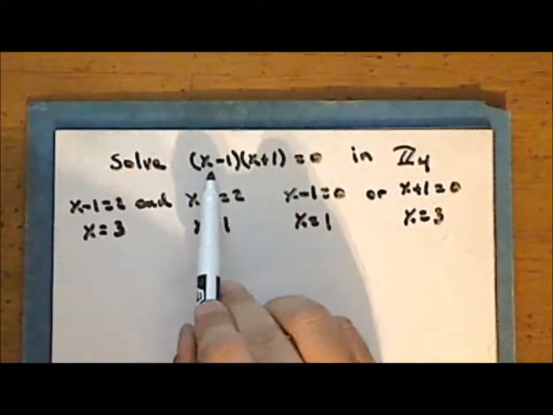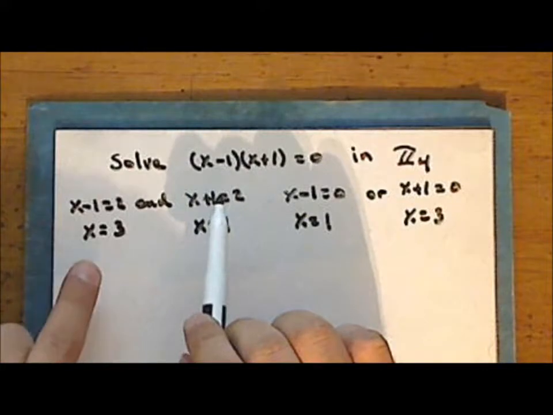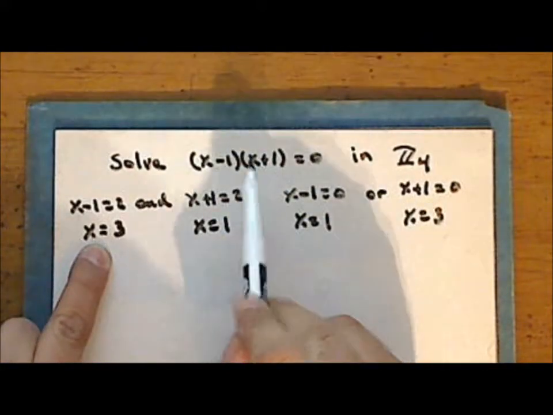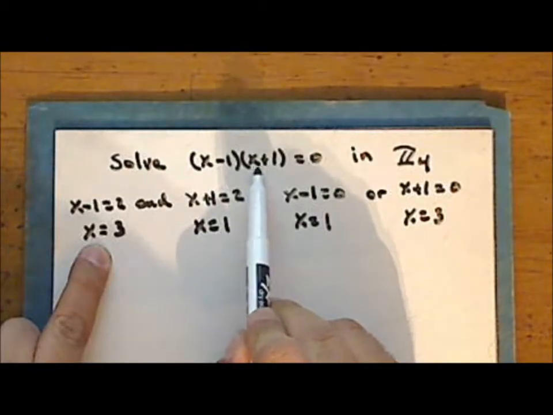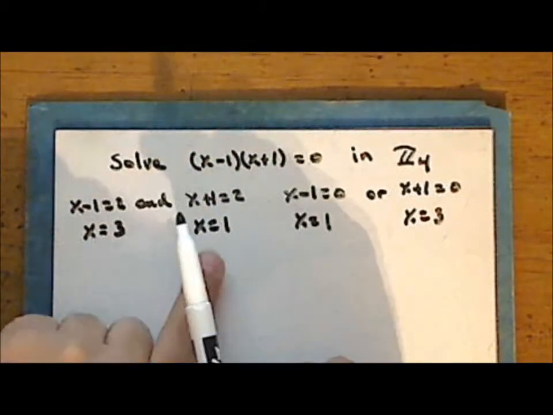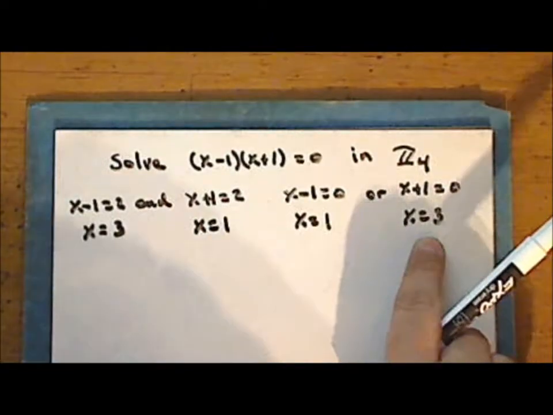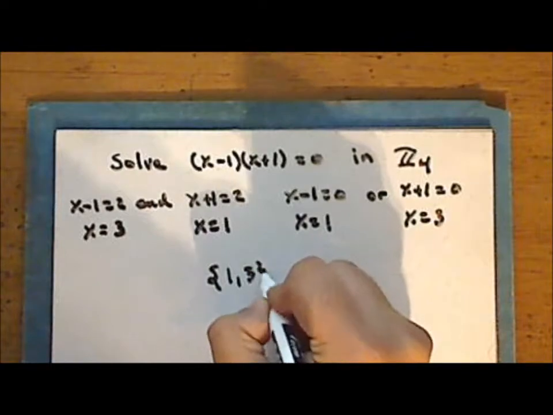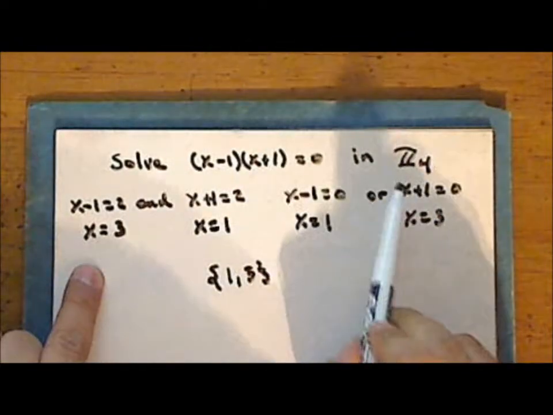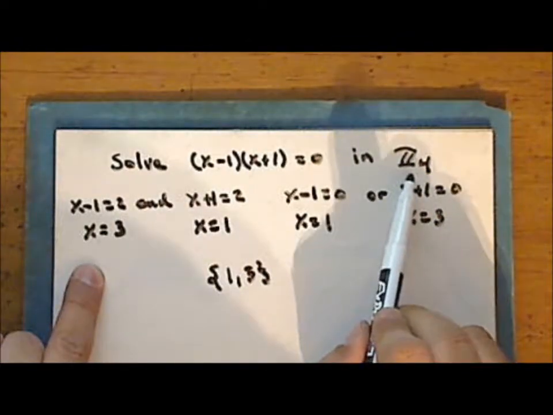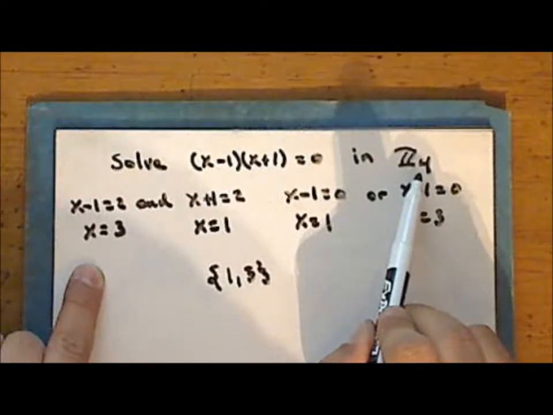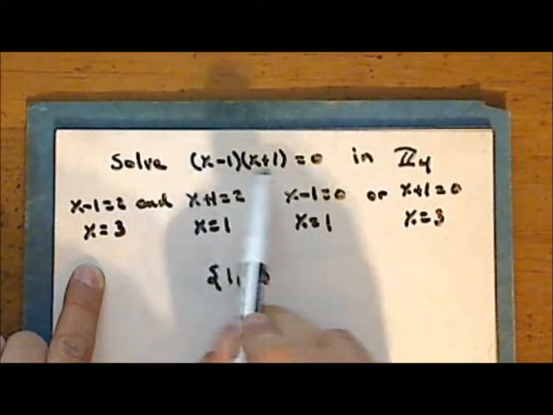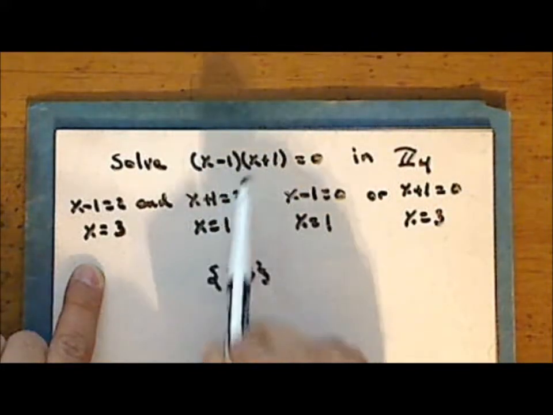But notice that overall, the factor x minus 1 leads to two solutions, 3 and 1. Likewise, the factor x plus 1 leads to two solutions, 1 and 3. So the solution set is 1 and 3, but as the integers modulo 4 under multiplication modulo 4 is not a group, we are not guaranteed a unique solution for the product.